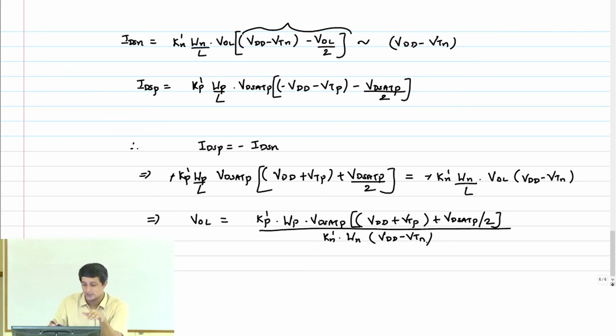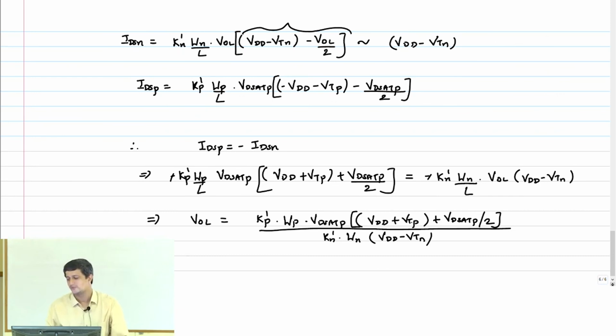Logically it will still function, but this circuit will not function unless you size it appropriately so that your VOL is met. So the way you do it is, I'll give you a VOL and say, size the inverter so that it meets this VOL first. Then you use this equation to calculate what WP by WN should be.